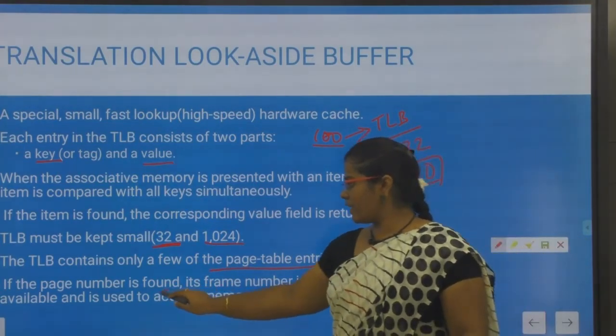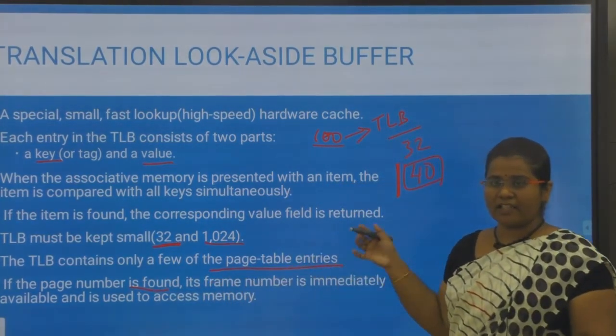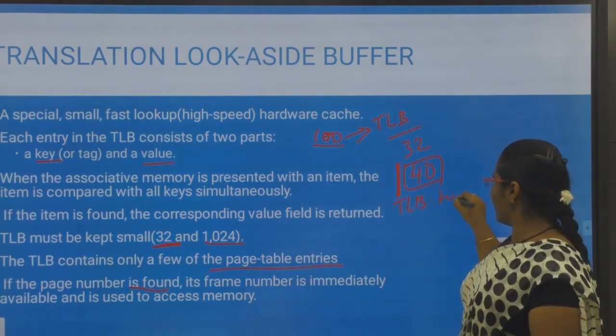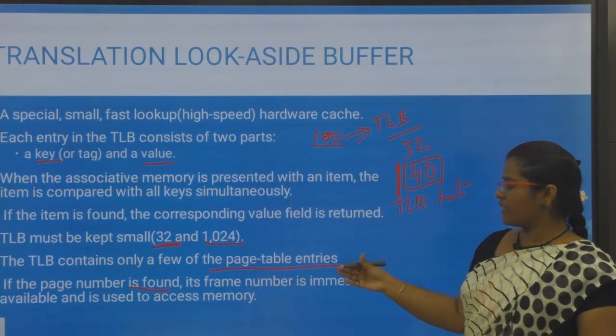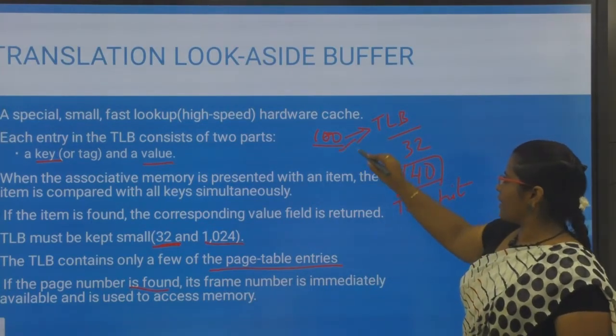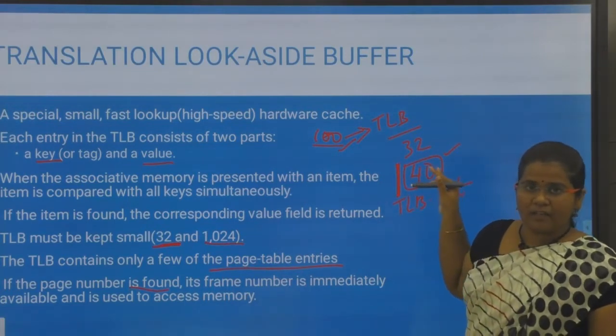If your page number is found in the TLB, you call it a TLB hit. Say, out of 100 pages, 40 pages are present in my TLB.